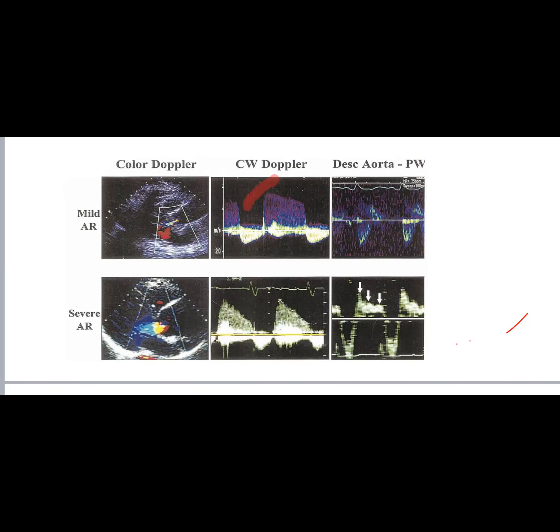Look here, this is the deceleration. Of course, this is a longer time, and when you compare it with this one, this is a shorter time. So the steeper the deceleration curve, the more likely the AR is severe. With a pinch of salt, because the deceleration time of the AR is not a function of severity alone, but of severity and the coexisting LV systolic function.